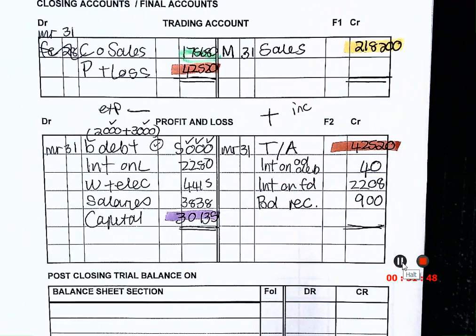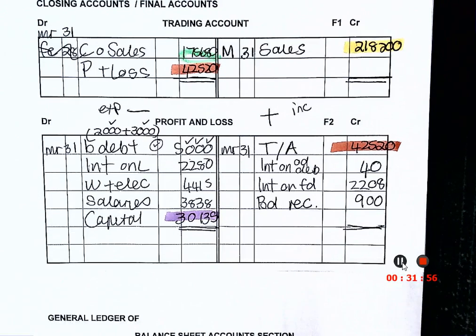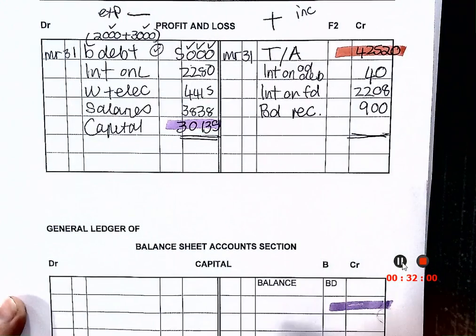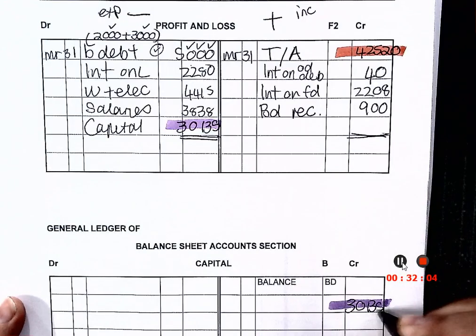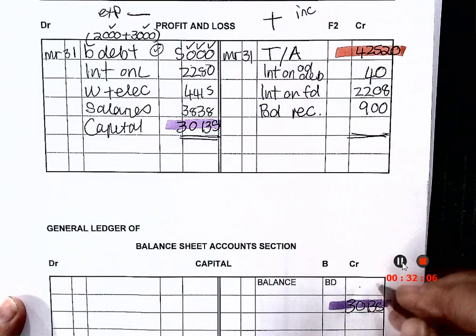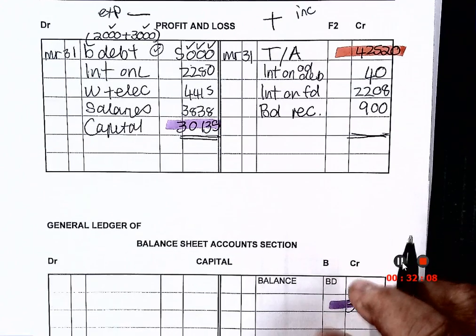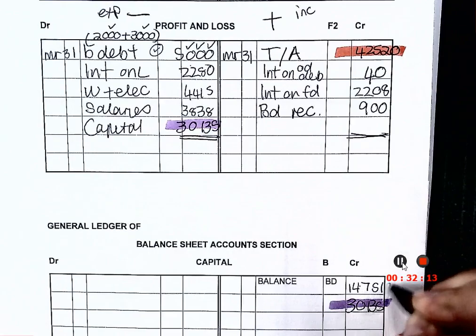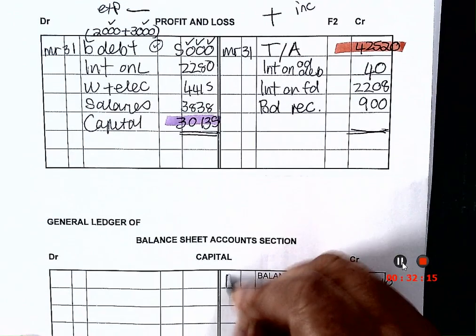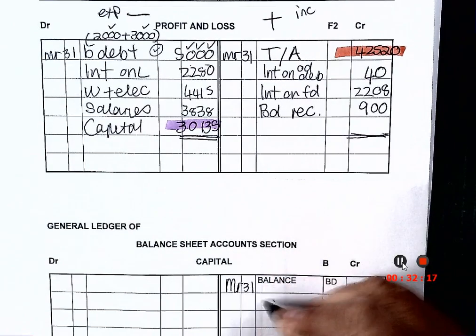Yes. And then I go to capital. $30,135. I see I still need to put in capital's balance, the opening balance. I know this is March the 31st, profit and loss.